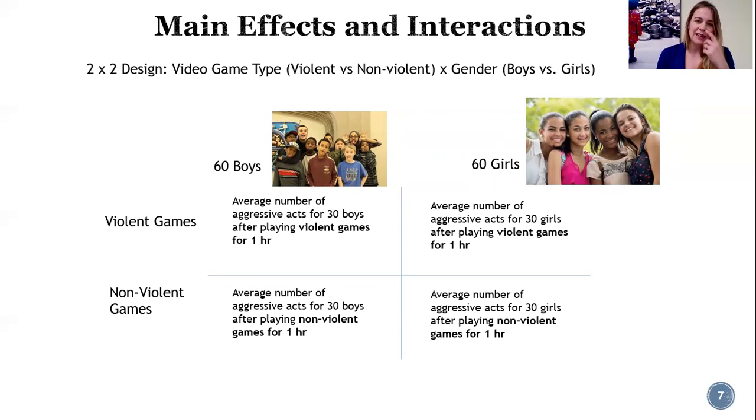We would randomly assign our boys to either play violent video games or non-violent video games, and similarly do the same for the girls. 30 girls would play violent games and 30 girls would play non-violent video games. And then all of our participants, we would measure how aggressive they are after playing these different video games.